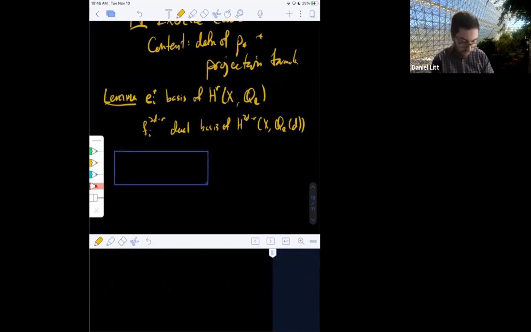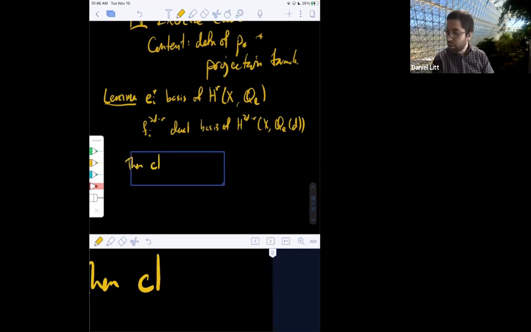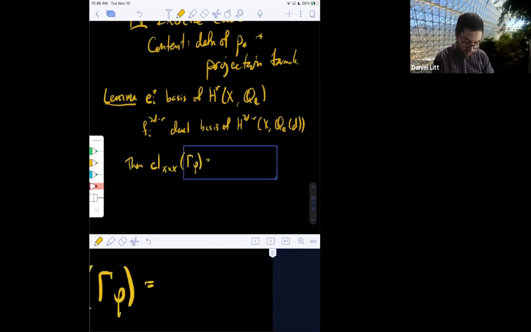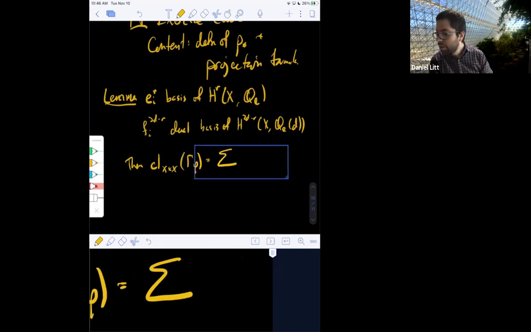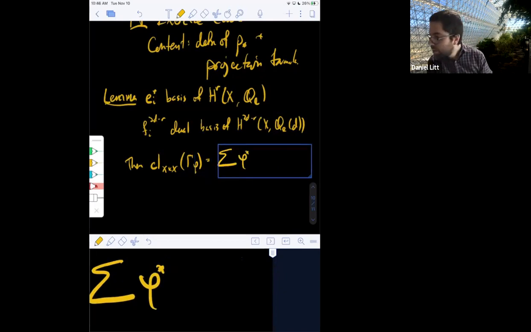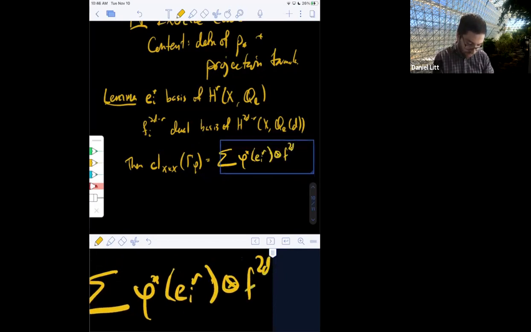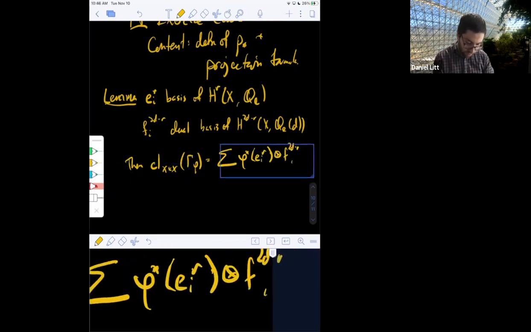Then the claim is that the cycle class inside of X times X of the graph of phi is equal to the sum of phi star e_i tensored with f_i^{2d-r}.